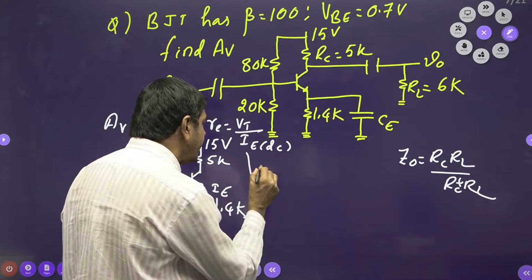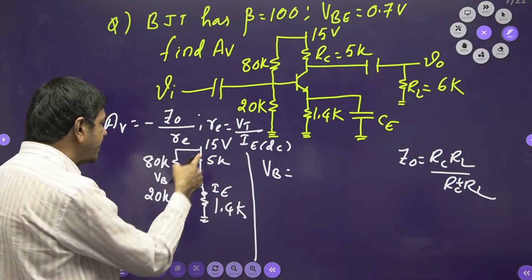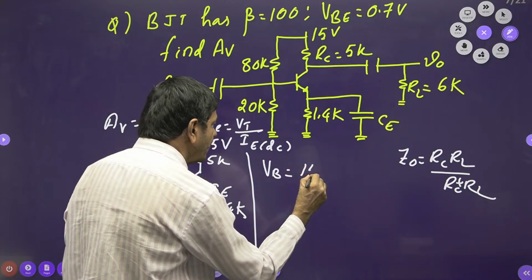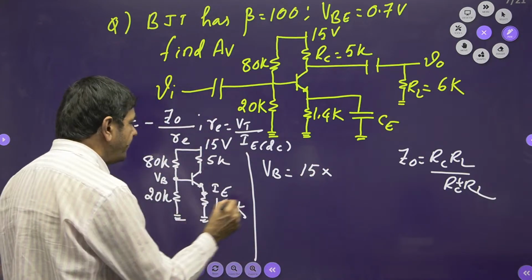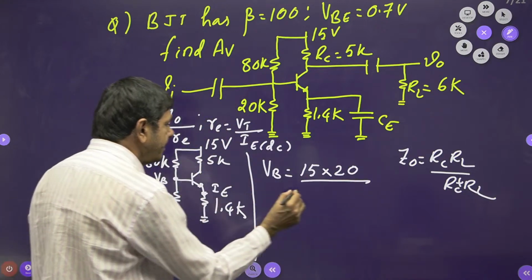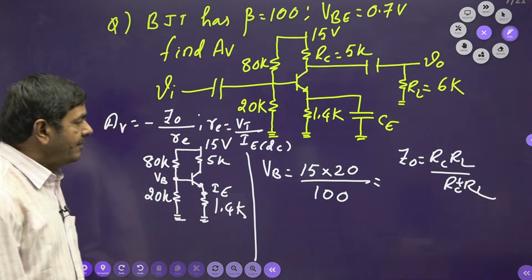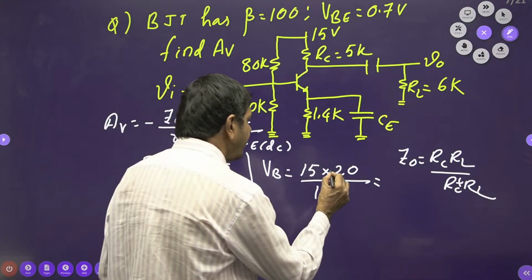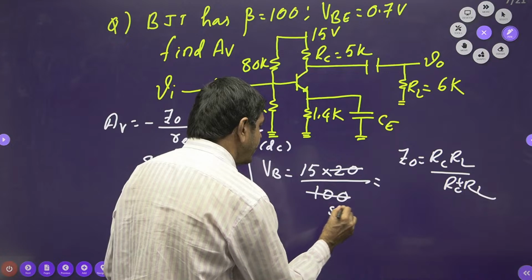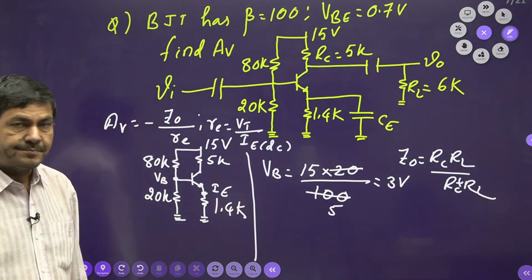Anybody can say, according to the voltage divider formula, VB equals 15 into 20 divided by 20 plus 80, that is 100. I can cancel the zeros, and I get 3 volts. I can get 3 volts only.